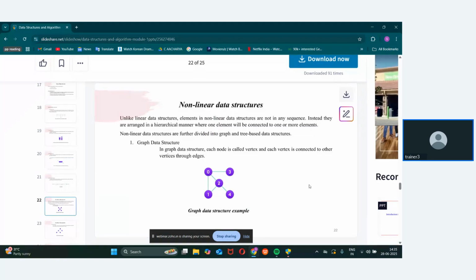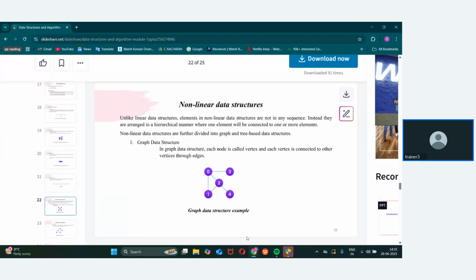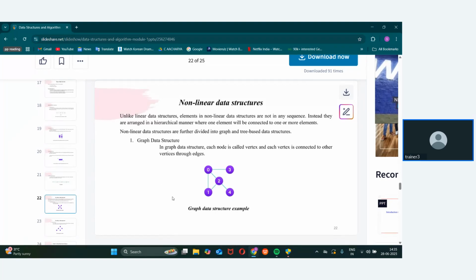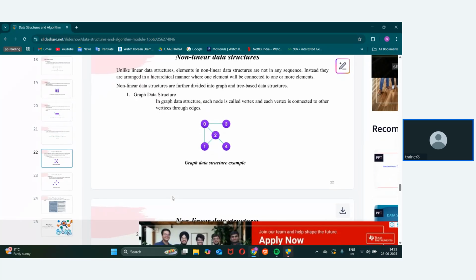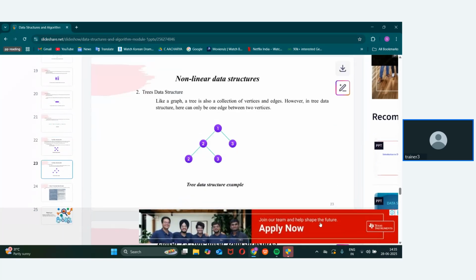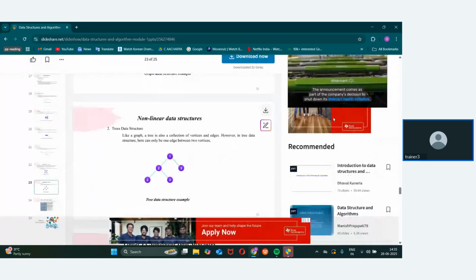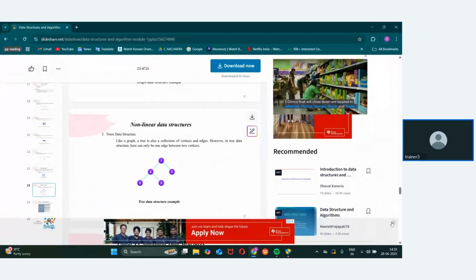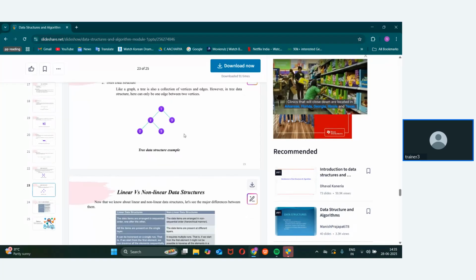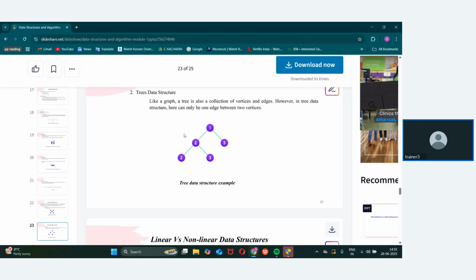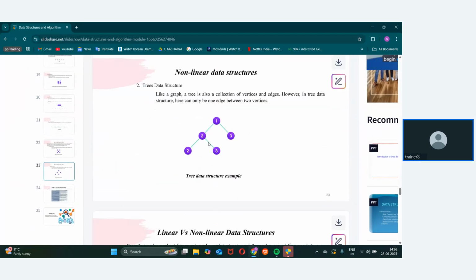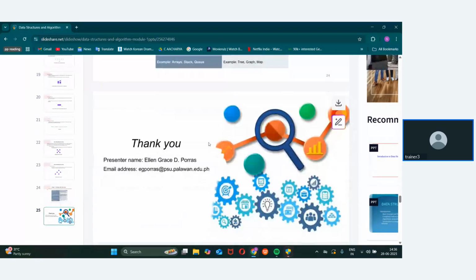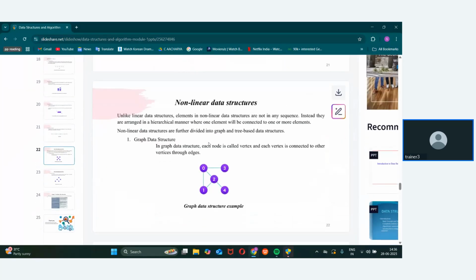Okay, fine. So under nonlinear data structures, we have again several types. I hope yesterday we talked about this. Under nonlinear data structure, we have graph data structure and tree data structure. We also have heap and other types. They have not been mentioned here, but it's okay, we'll look into them.